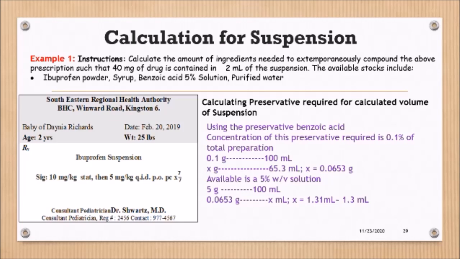Available 5%, what does that mean? 5 grams in 100 mils of the stock. So the 0.0653 grams of benzoic acid that I want to preserve my 65.3 mils of suspension is going to be contained in X, which is 1.3 mils.